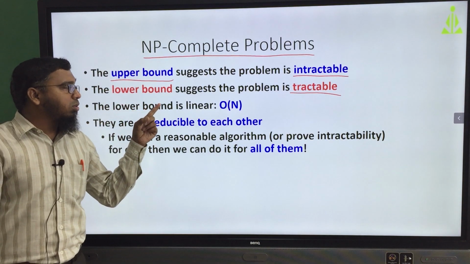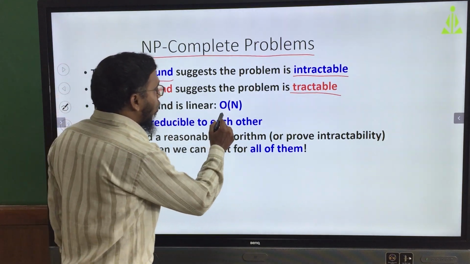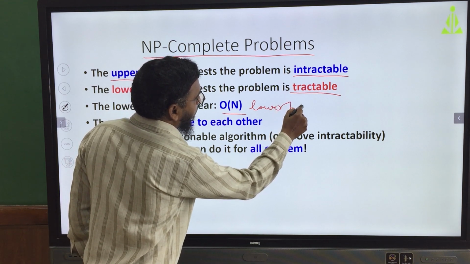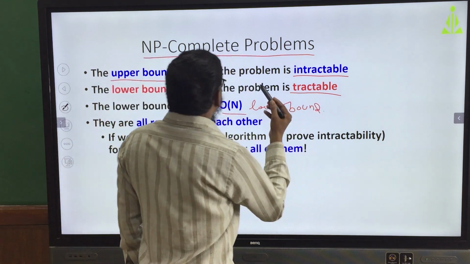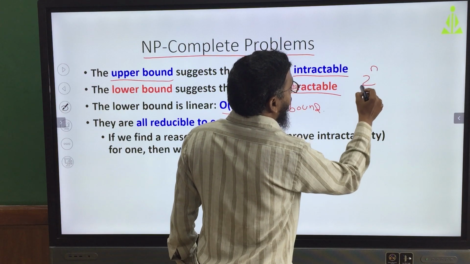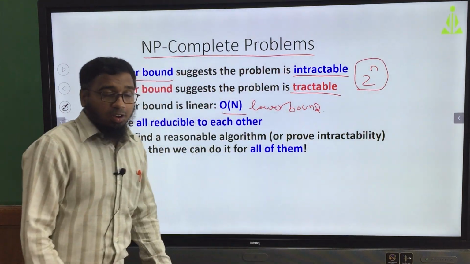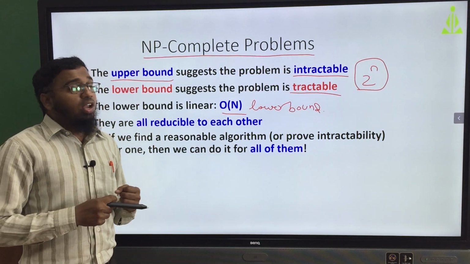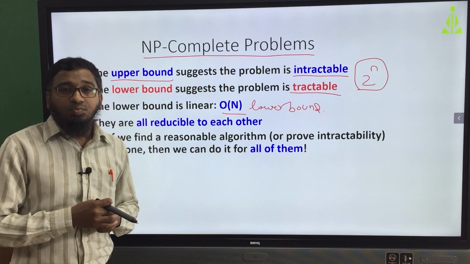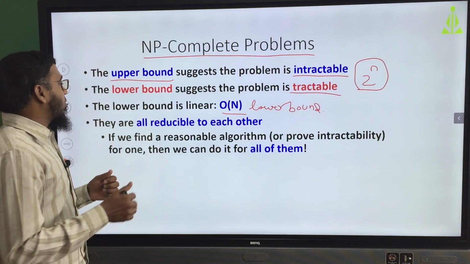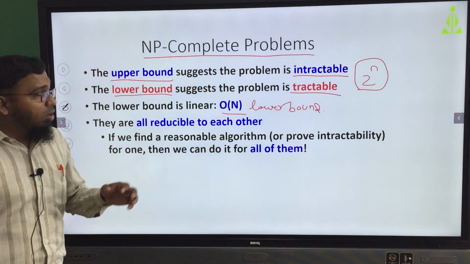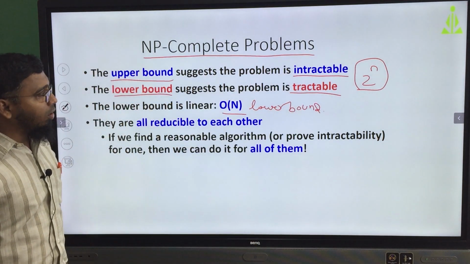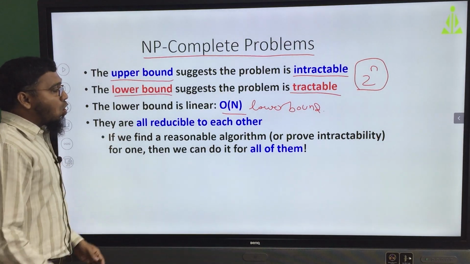The lower bound is linear, order of n, and the upper bound is exponential, 2 to the power of n. If we have an upper bound, then it will be difficult to track. We cannot track the things, but when we have a lower bound, it suggests the problem is tractable.